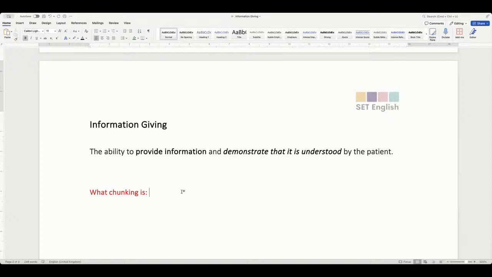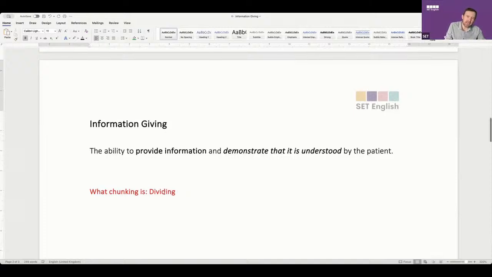It's like dividing. Okay, what are you dividing? Like when we ask them a question. No? Tell me, what do I need to divide if I'm speaking to a patient?